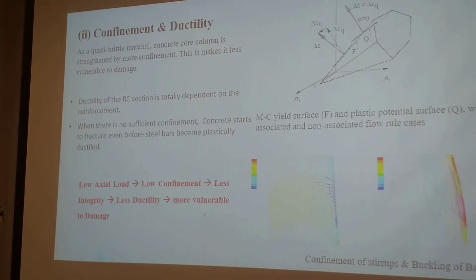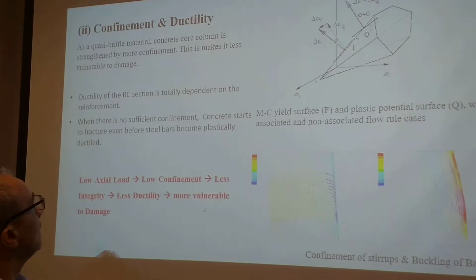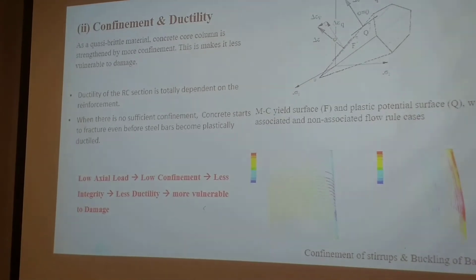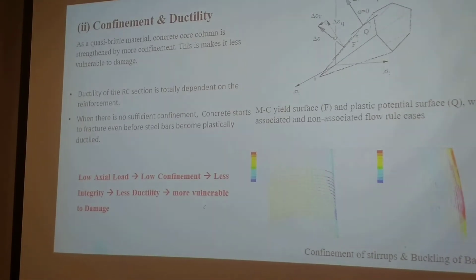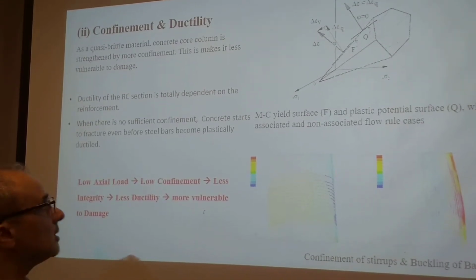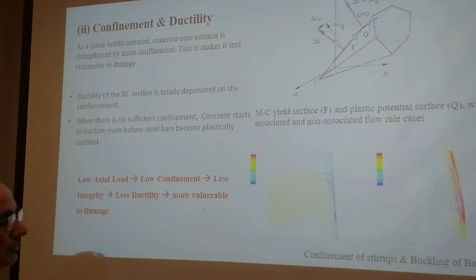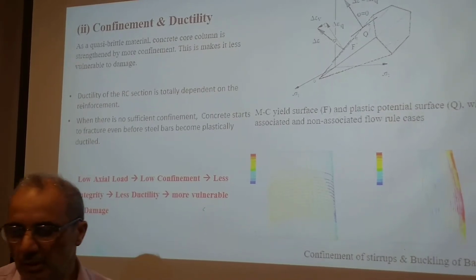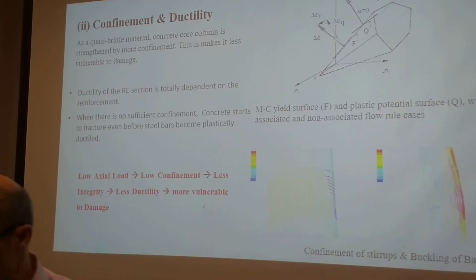In general, ductility of the reinforced concrete section is totally dependent on the reinforcement. And when there is no confinement or sufficient confinement, concrete will start to fracture even before the steel bars become plastically ductile.